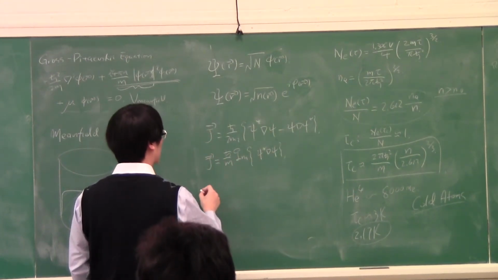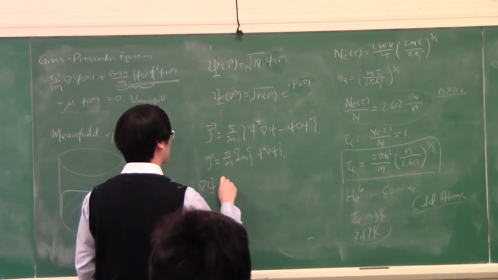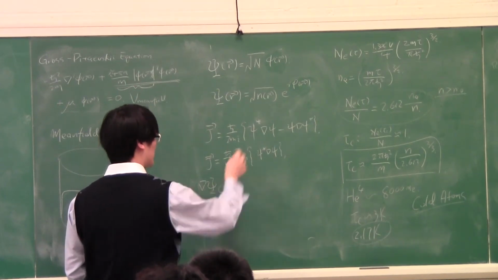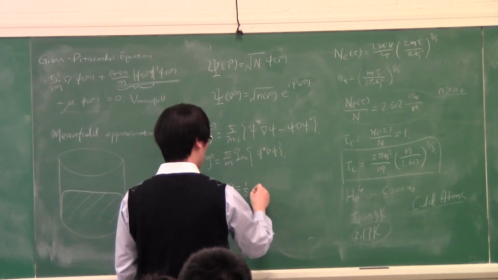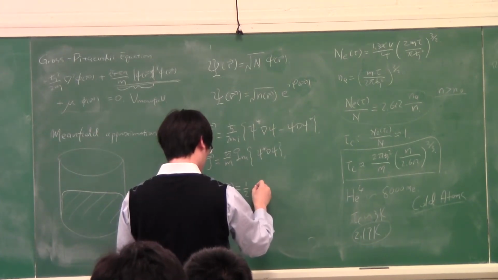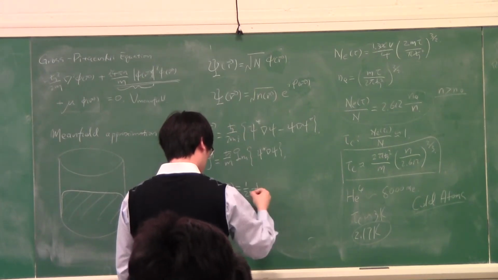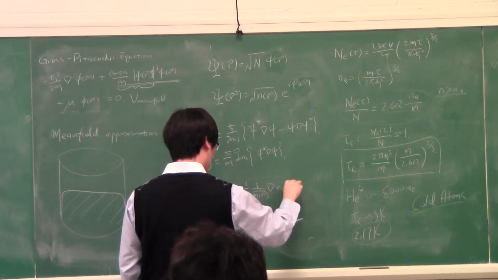Now let's plug it in. The gradient of this function is equal to, first of all, you take the derivative with respect to the square root, you get one half, one over the square root of n of r, times the gradient of n of r.